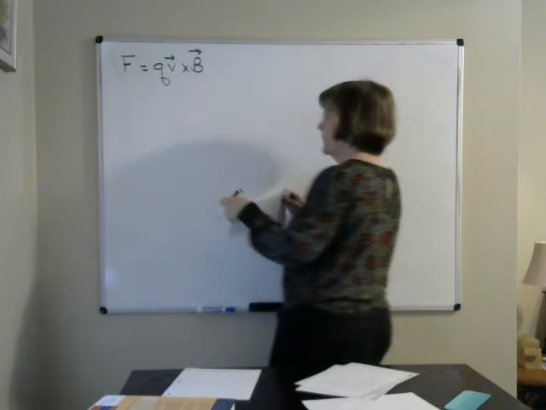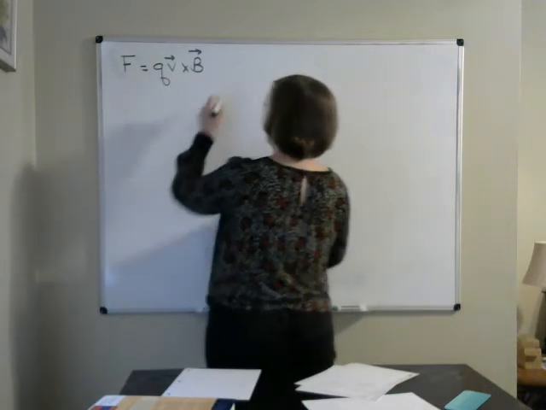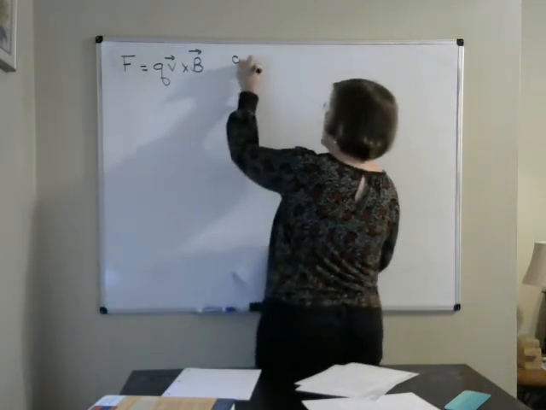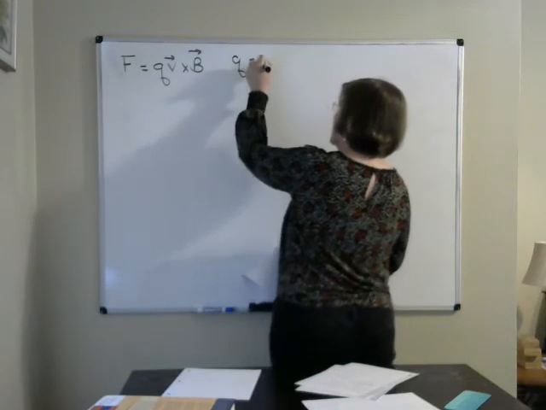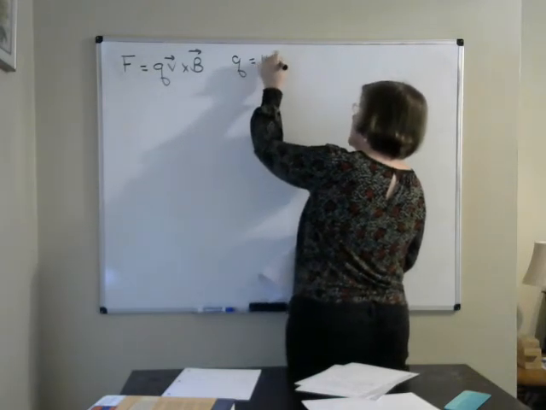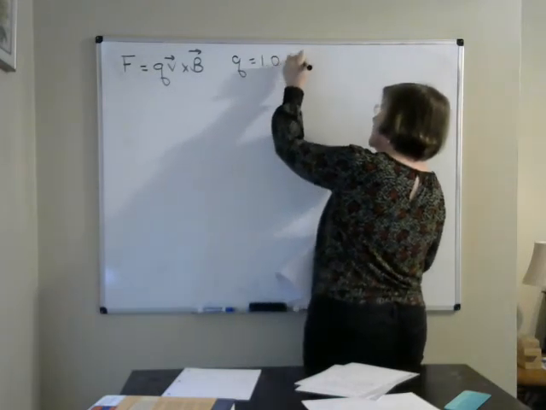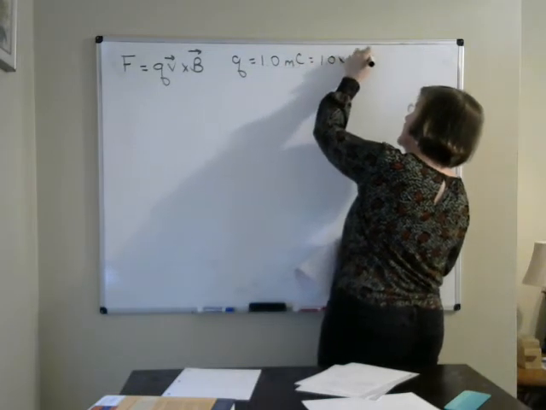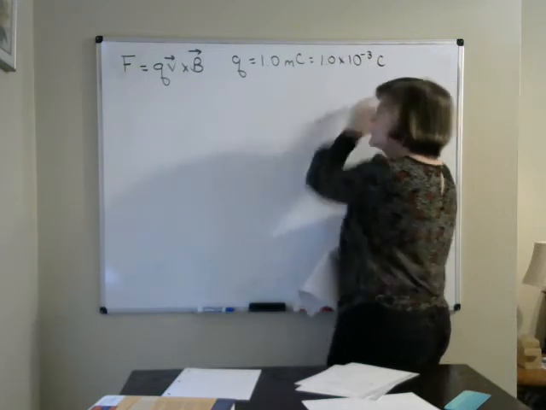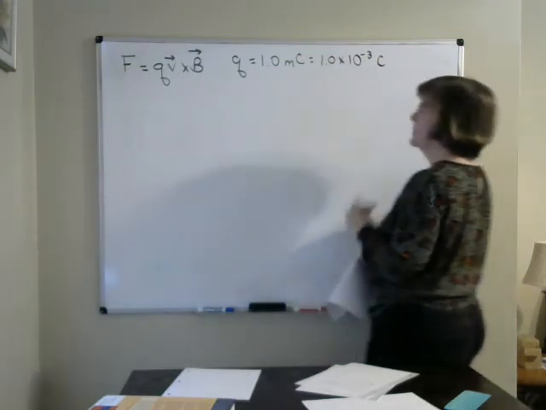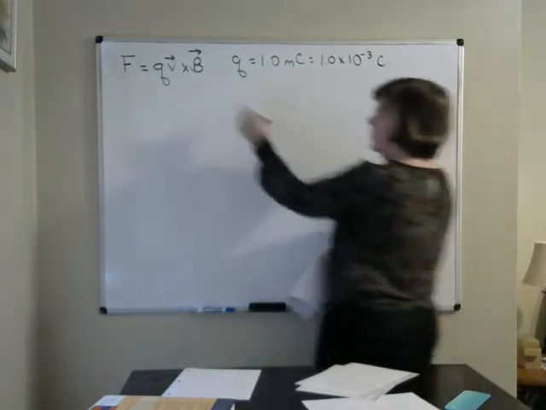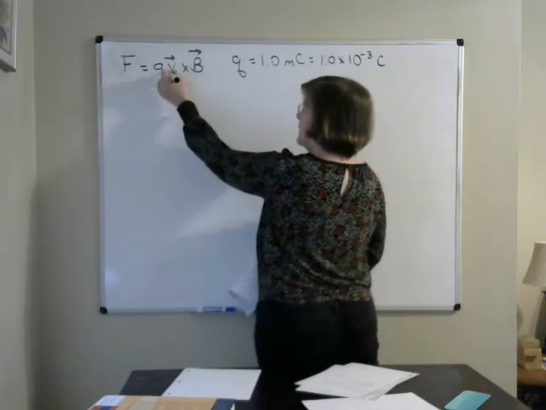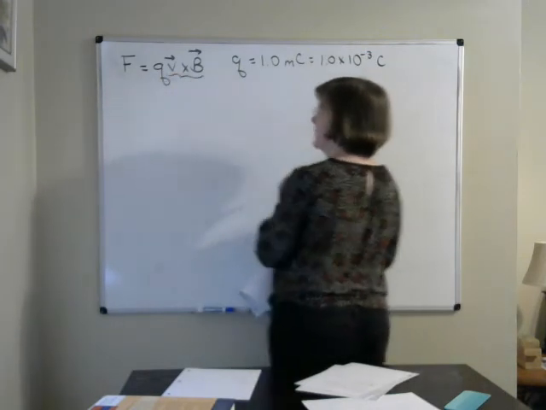So for example, let's suppose they tell us the charge involved is 1.0 millicoulombs, or 1.0 times 10 to the negative 3 coulombs. That's not a vector quantity, so we'll save that for the last. What we really want to work on first is this part.